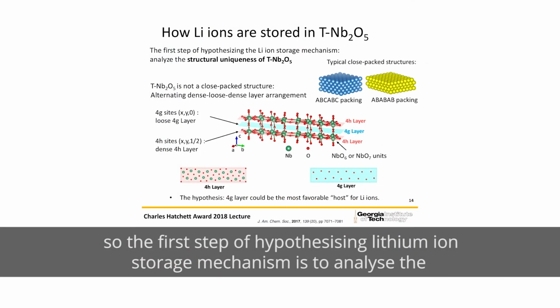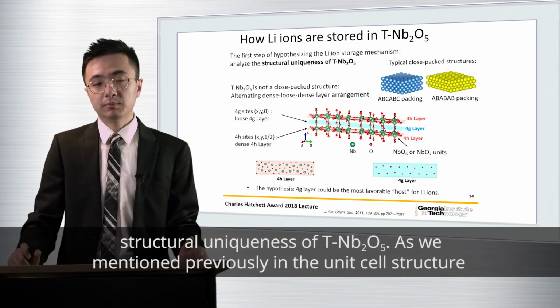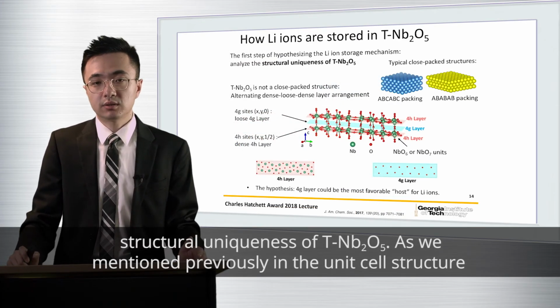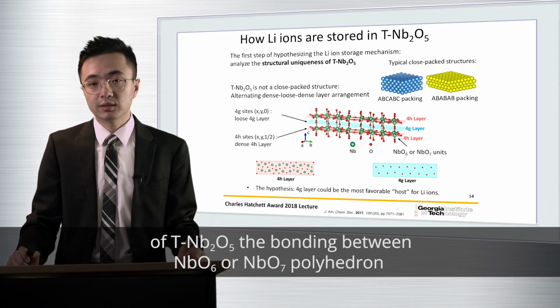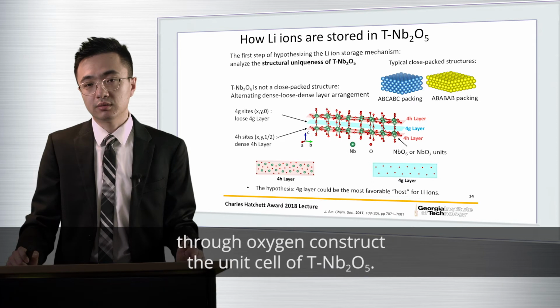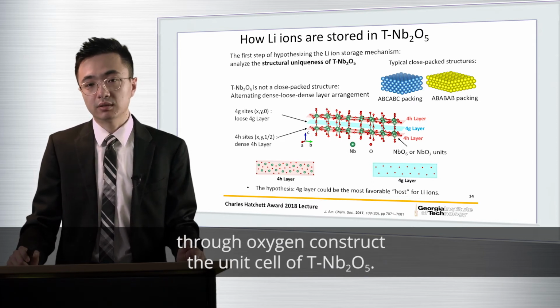So the first step of hypothesizing the lithium-ion storage mechanism is to analyze the structural uniqueness of T-niobium oxide. As we mentioned previously, in the unit cell structure of T-niobium oxide, the bonding between the NbO6 or NbO7 polyhedra through oxygen constructs the unit cell of T-niobium oxide.